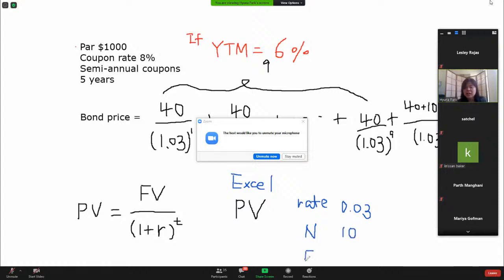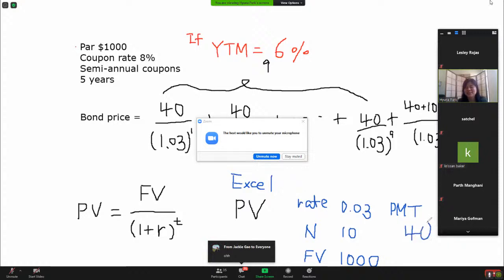And what should we write as a future value? 1,000. That's the par that will be paid. And what number should you enter as the payment? No, not so. There are 10 payments, so N is 10, but what's the payment amount? Yes, it's 40.